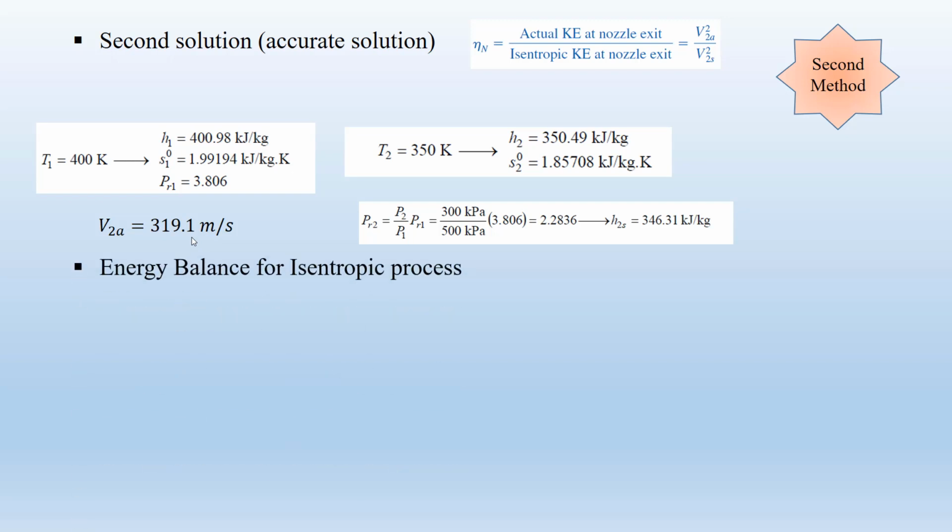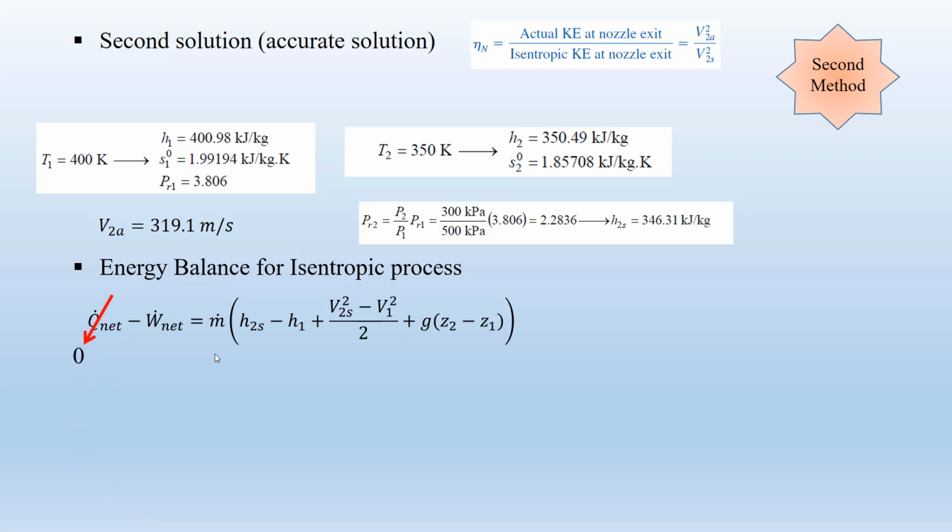So if you want to calculate the exit velocity for isentropic nozzles, you need to write the energy balance, the first thermodynamic law for isentropic process. Again, look, guys, the difference between the energy balance of the first thermodynamic law for isentropic process and the actual one is in three terms: W, velocity in the exit, and enthalpy in the exit.